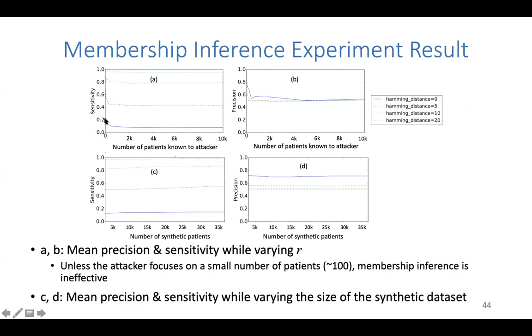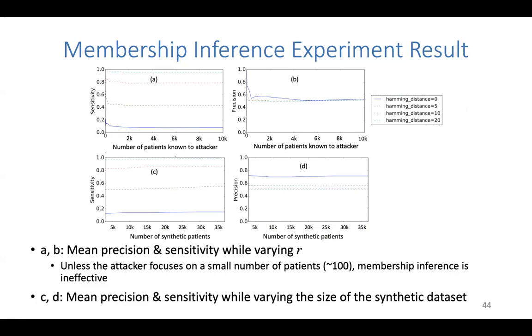So it means that if the attacker knows 10 people, then at most the membership inference attack will tell the attacker that only 2 of them can be identified to have been in the training set.